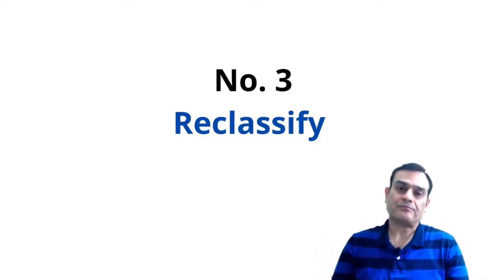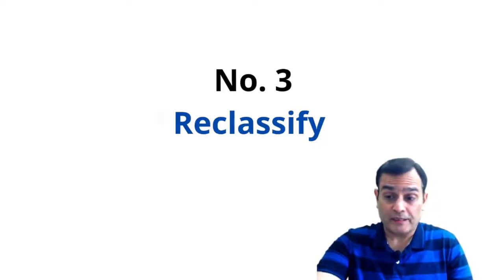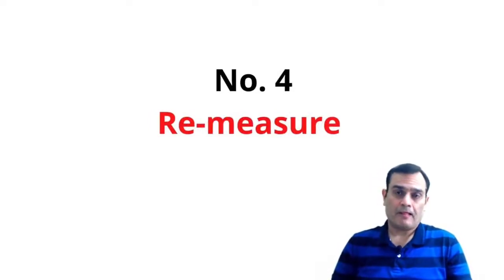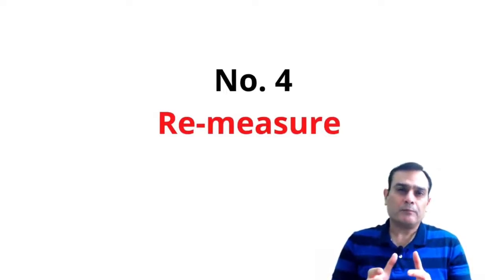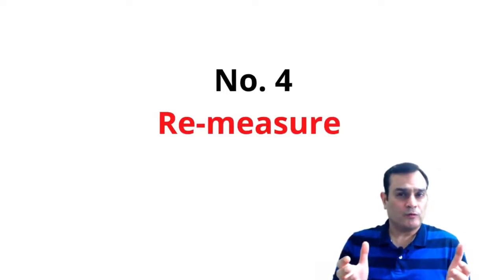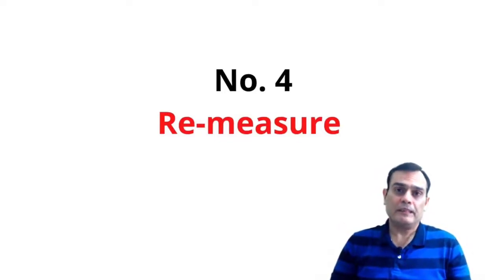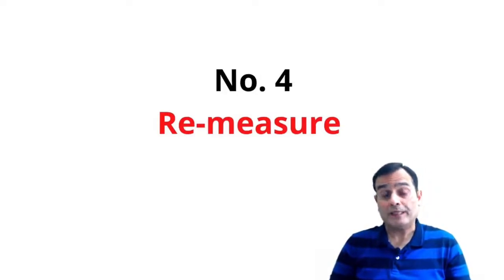Then comes finally the fourth adjustment, and that is what we call a remeasurement. In certain places under the previous GAAP, the measurement principles might have been based on what we call a historical cost approach. But in terms of the Ind AS, the subsequent remeasurements might be taking place at fair value.